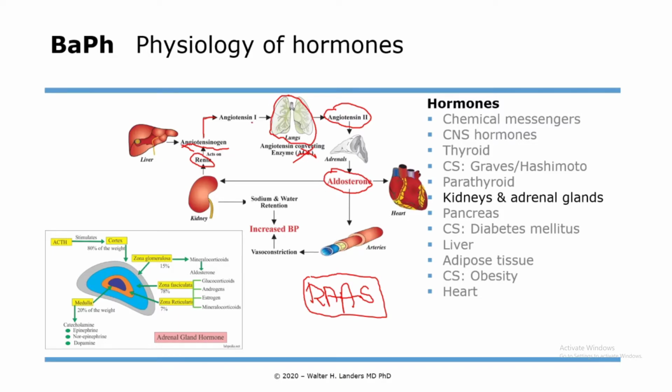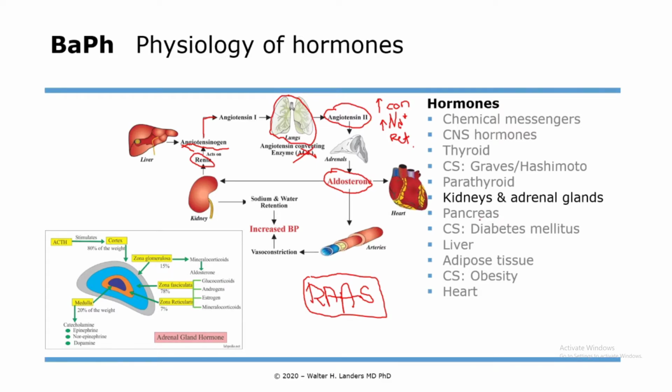And so if angiotensin 1 gets converted into angiotensin 2, angiotensin 2 has many effects on the body. For example, first of all, it increases constriction, and it also increases sodium retention. Retention means that it stays within the body instead of getting excreted.